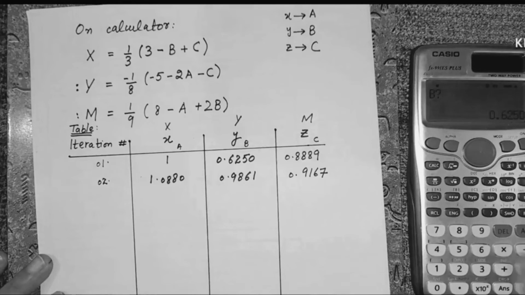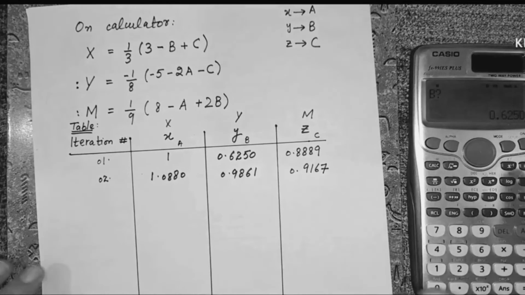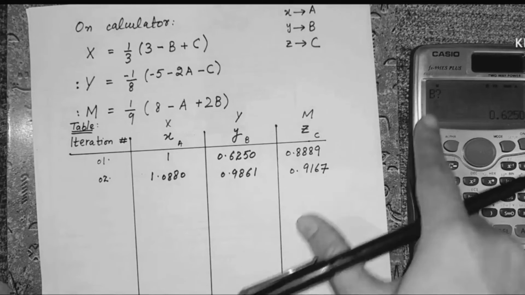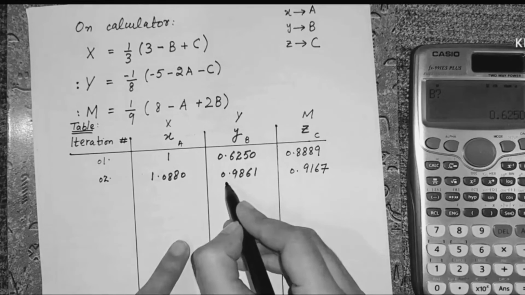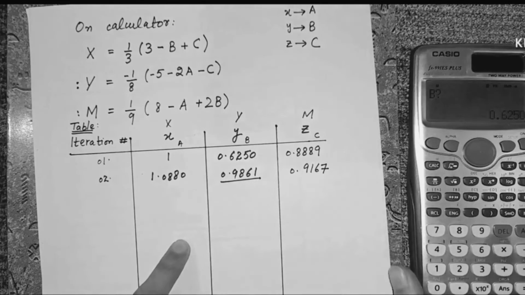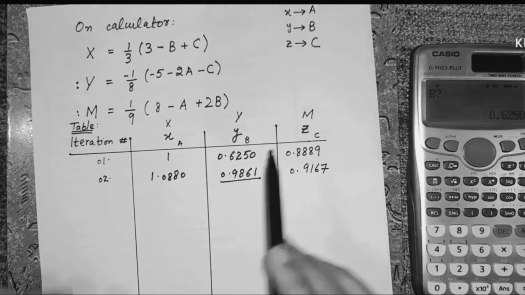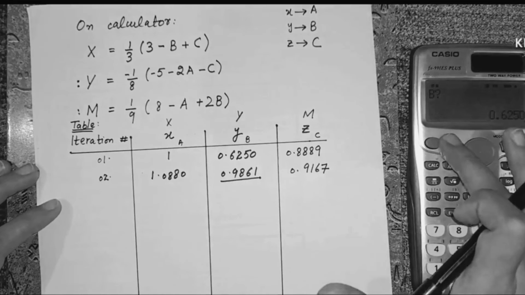Okay, now let me tell you one more trick. As you know, I have put all these values into the calculator. To save this time, as we know that the value of b is the value of y, this is the previous value, 0.9861. Now this is already in our calculator, so we'll simply put b, which is the last y, alpha y.